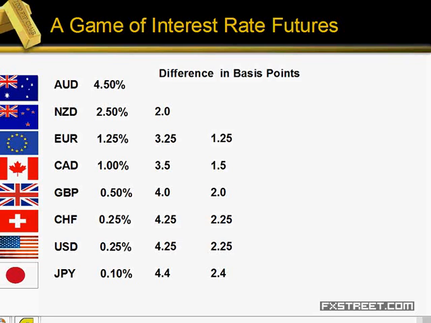Then if you look at the New Zealand, at 2.5 versus the euro at 1.5, you start to see the numbers drop. So the difference between the Aussie and the yen is 4.4, whereas the difference between the New Zealand and the yen is 2.4, and you can see the numbers have almost cut in half here.